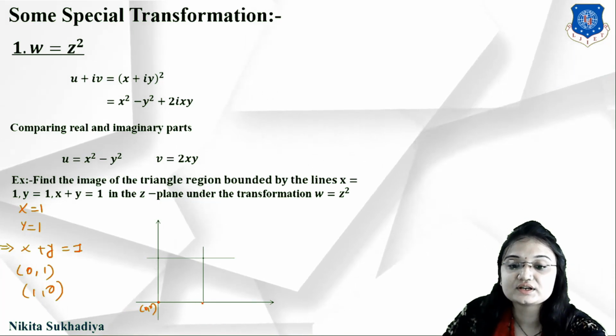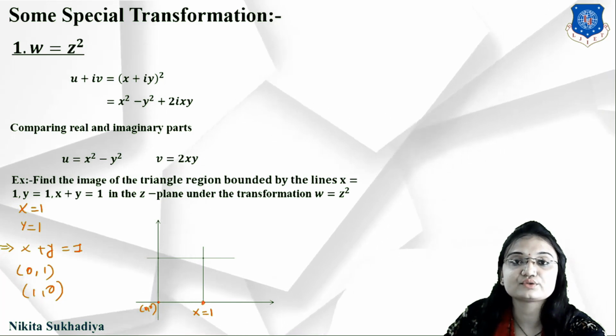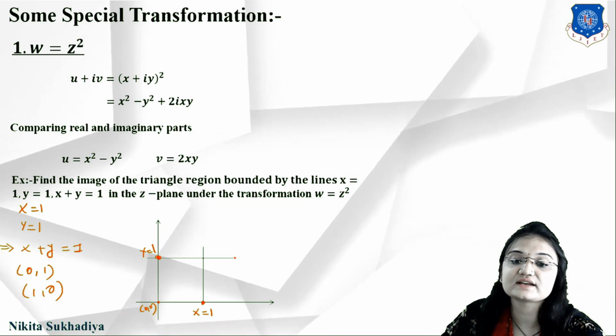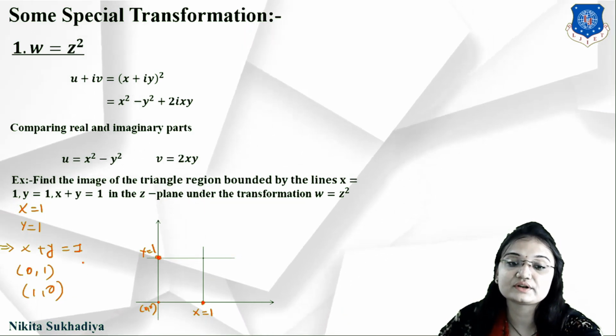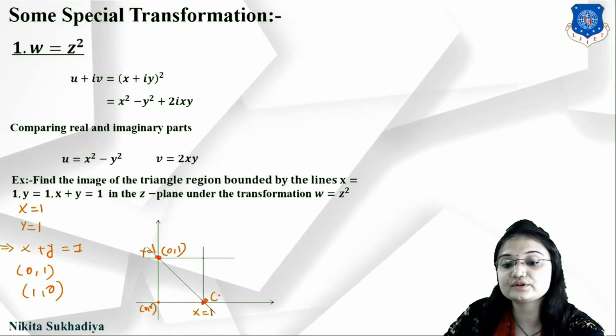This one is the line x is equal to 1. Here we have the y is equal to 1 line, and here one point, that is 0 1, and the second point 1 0.